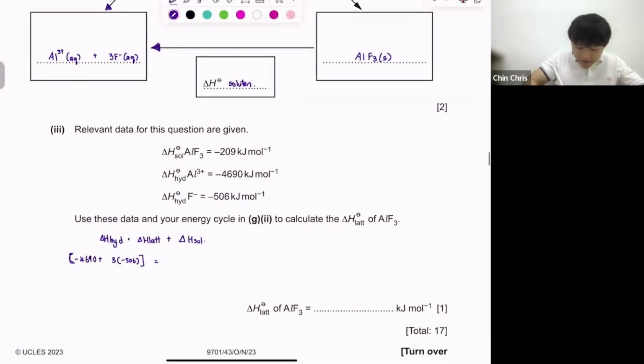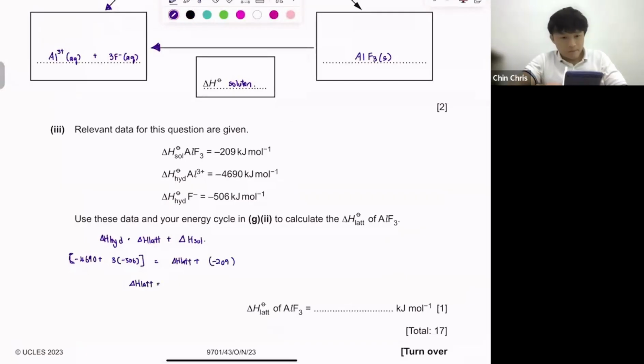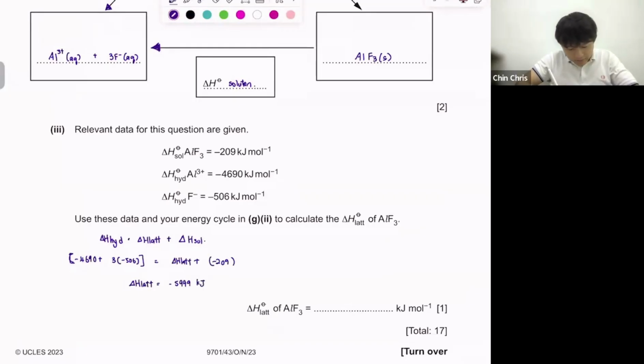Equals to lattice plus solution, negative 209, right? Guys, what's my delta H lattice? Negative 5999. Sexy value. I love it.